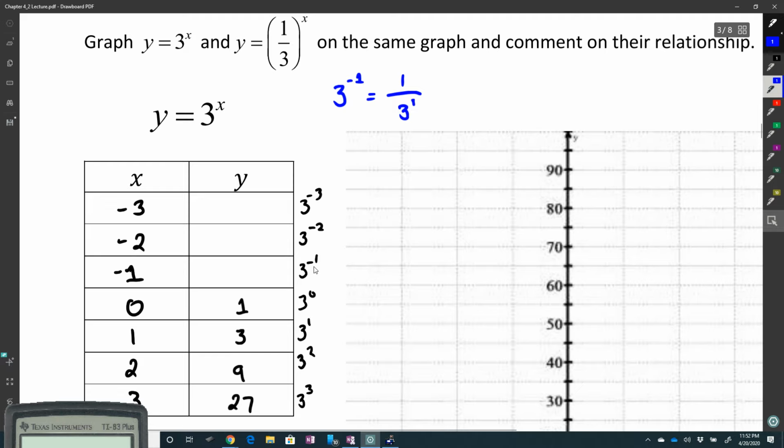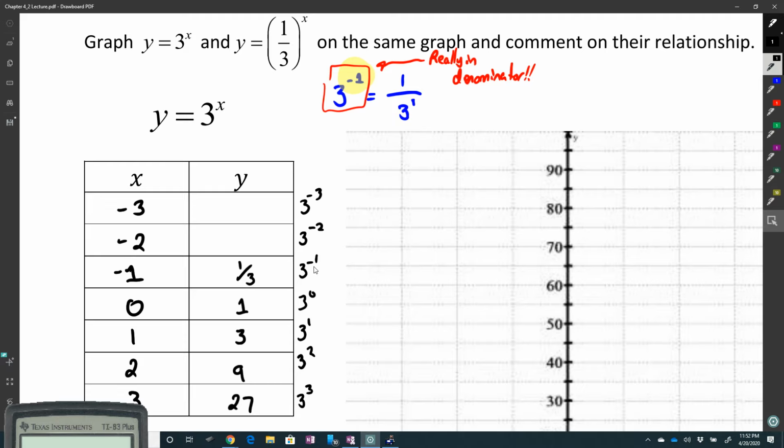The negative exponent just means that it's in the denominator. So whenever you see a negative exponent, it just really means that the expression is really in the denominator. Okay, so 3 to the negative 1 is actually 1/3.